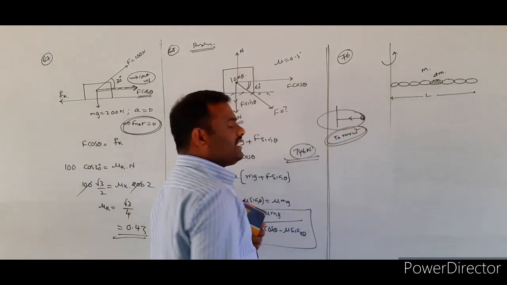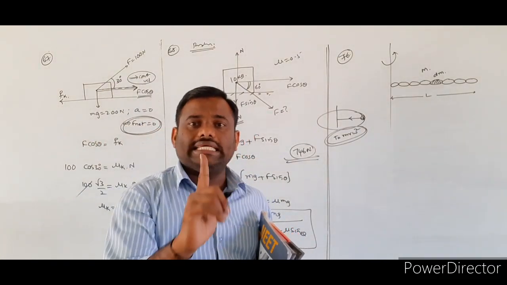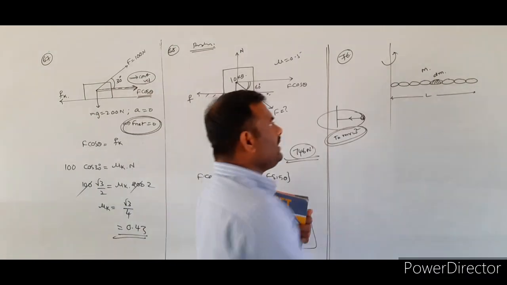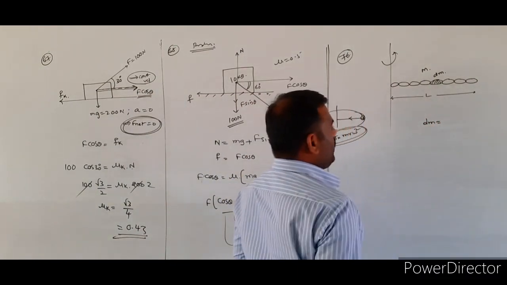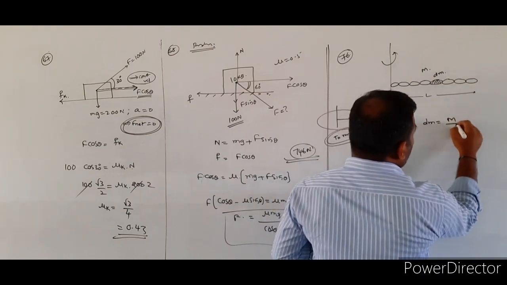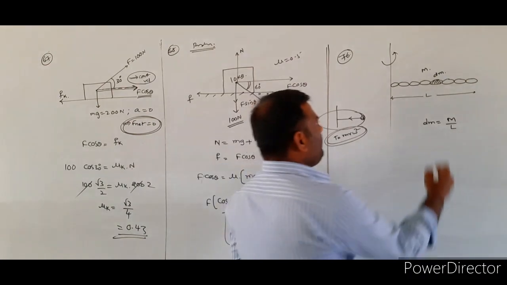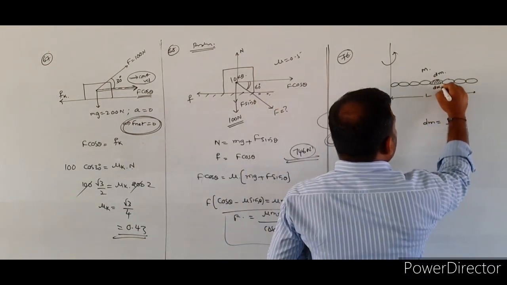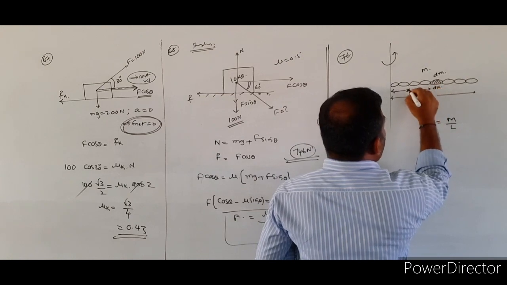This is the tension developed within the string whenever the object revolves in the horizontal circular path. Since it is a uniform chain, mass per unit length value will be constant. So I am assuming that the length of the small portion is dx, and it is taken at a distance of x.